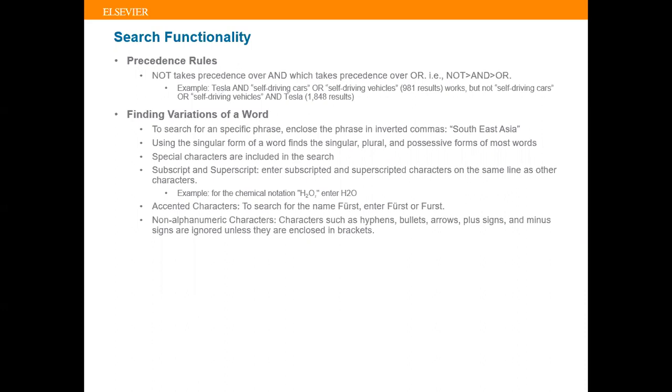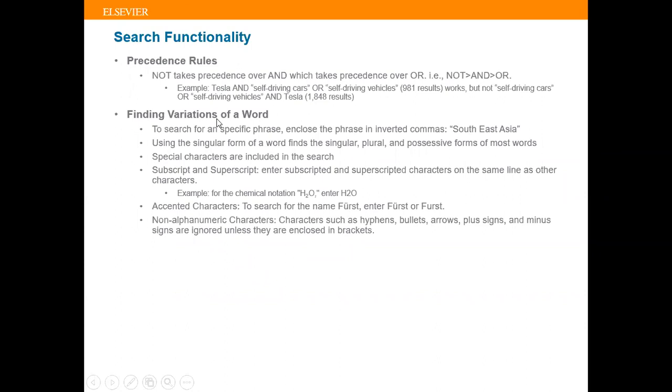But if we search self-driving cars OR self-driving vehicles AND Tesla, then we will get about 2,000 results, because of different precedence. In the first one the AND comes first, while in the second one the OR comes first. So the right order is NOT comes first, then followed by AND and OR.